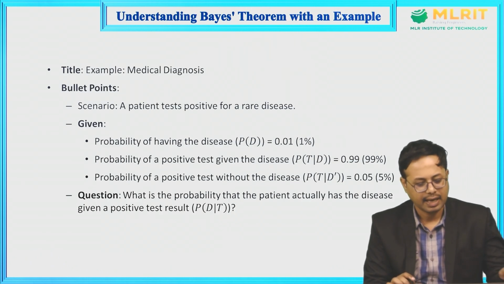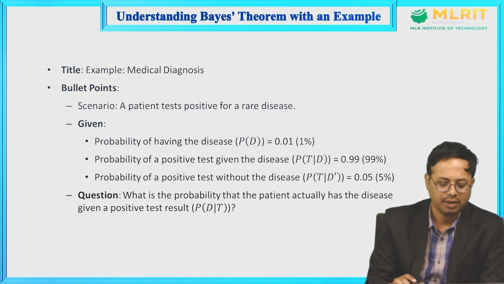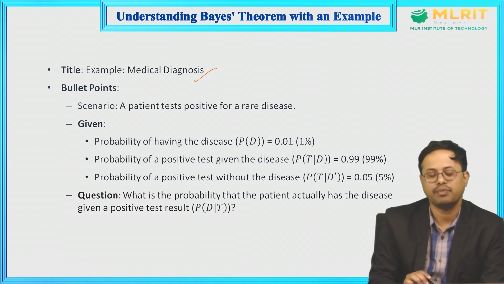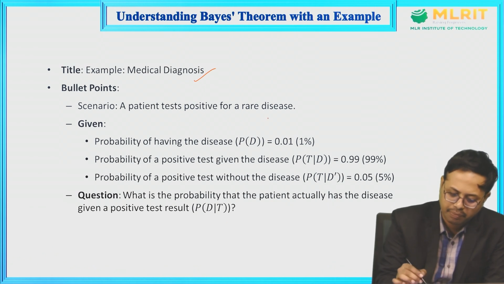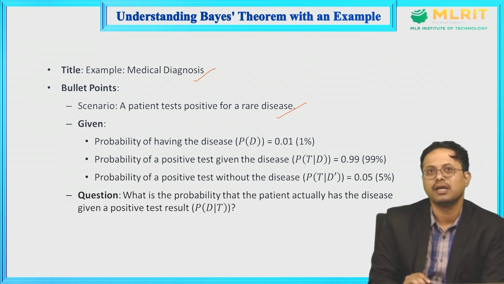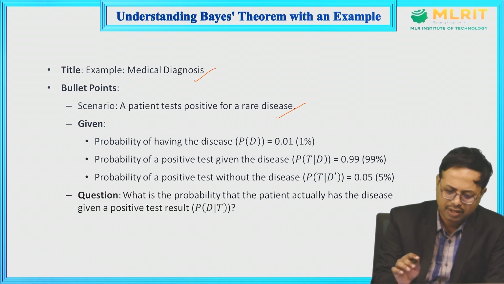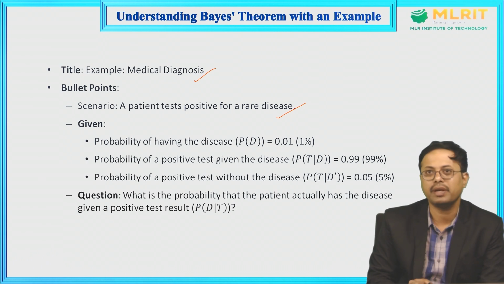Now next, understanding the Bayes theorem with an example. We are using it for medical diagnostics. For example, in a medical diagnostic scenario, a patient tests positive for a rare disease. The same concept which you use for the total probability theorem is applicable here.